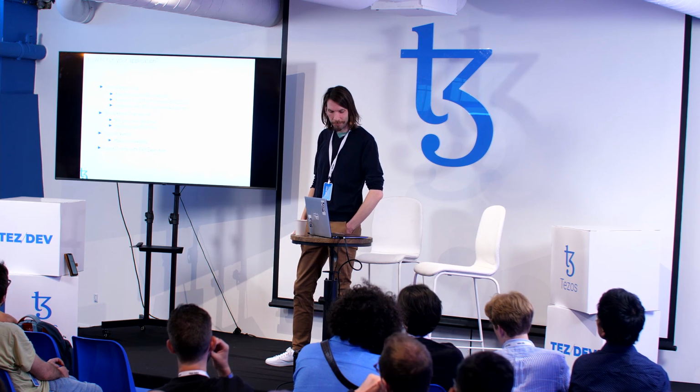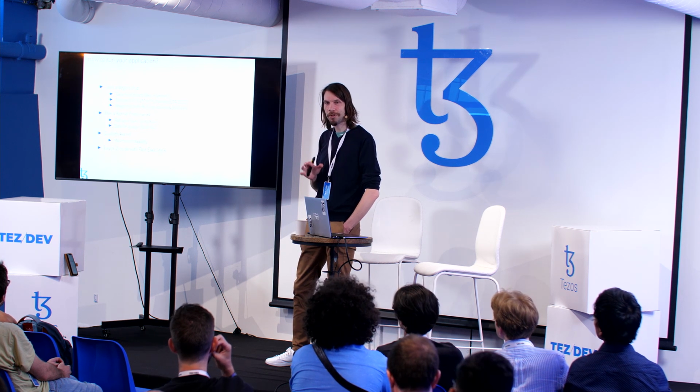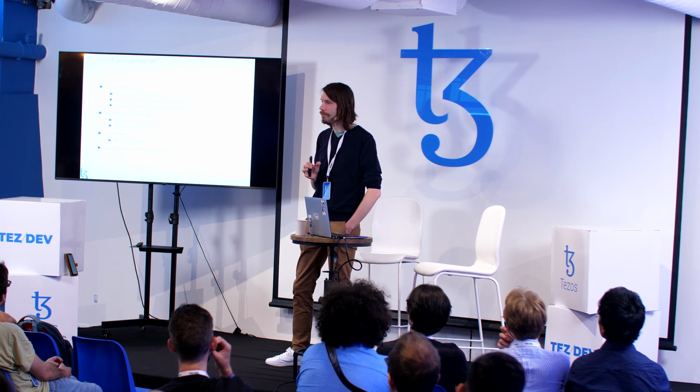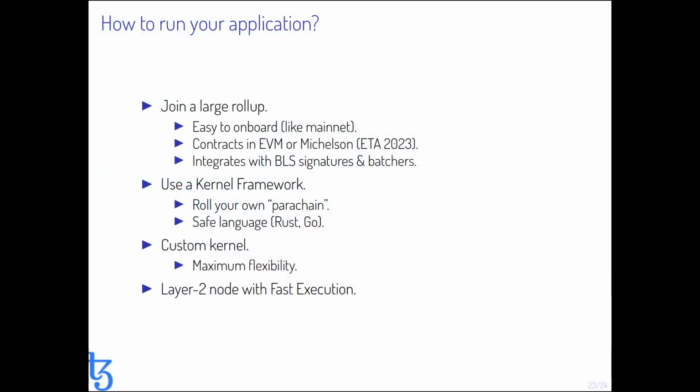So to recap, how do you run your application? Well, it depends on how much control you want to have and how deep you want to go in the stack. So the easiest way to onboard yourself to smart contract optimistic rollups is that you join a large rollup that already exists. So we're going to deploy one of these. We're going to deploy our transaction kernel and probably also one kernel with EVM capabilities onto the mainnet.